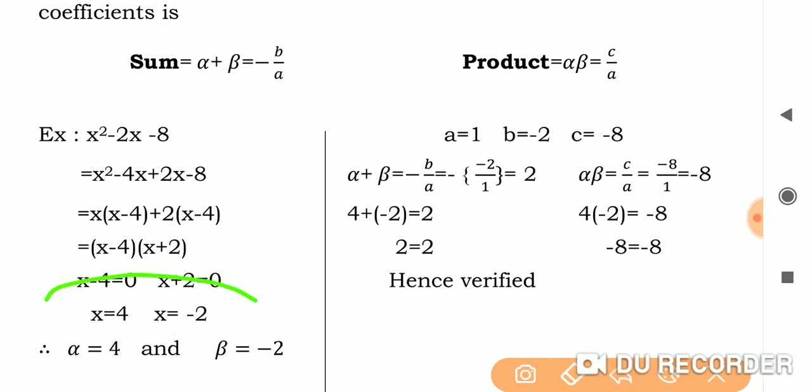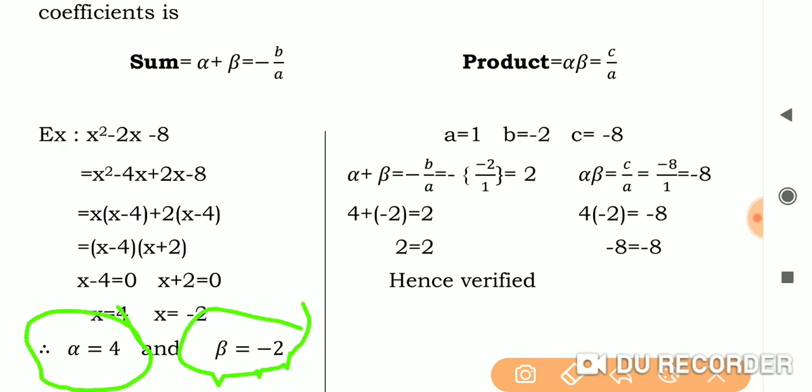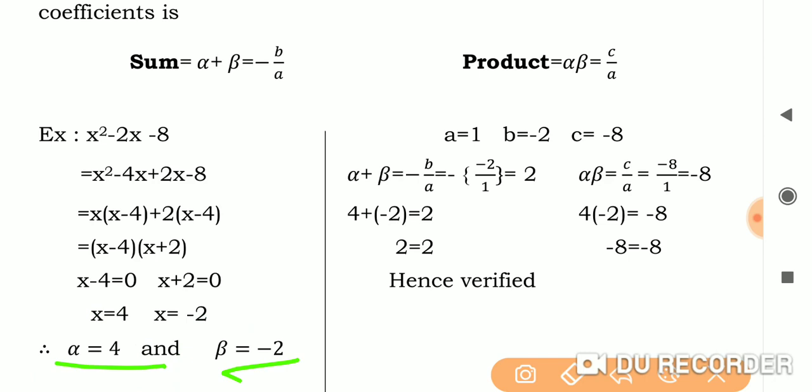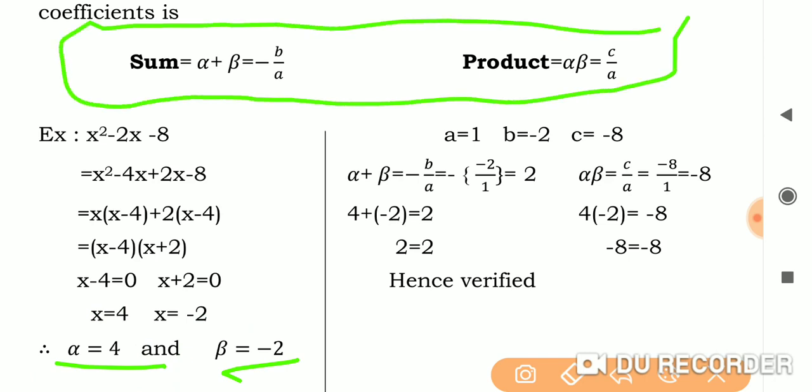Now we have got the two zeros of the quadratic polynomial, x equal to 4 and x equal to minus 2. The first zero I am going to consider as alpha and the second zero as beta. So alpha is 4 and beta is minus 2. Now we have to verify whether this relation is true or not.